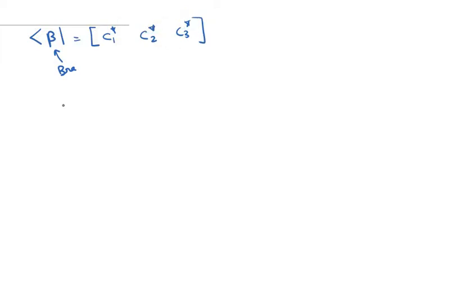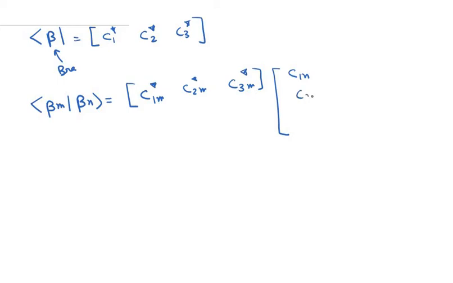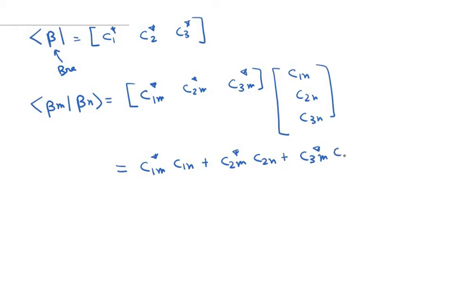Okay, and if we are using an orthonormal basis, which is the case if we are using the eigenstates as a basis, in that case the inner product between two vectors is defined by this term beta m beta n, which is equal to, let us say, C1m star, C2m star, C3m star multiplied by this column vector C1n, C2n, C3n, which becomes equal to C1m star C1n plus C2m star C2n plus C3m star C3n.